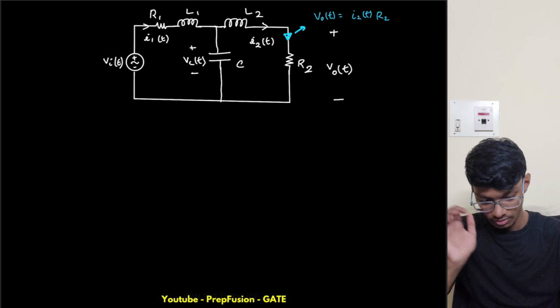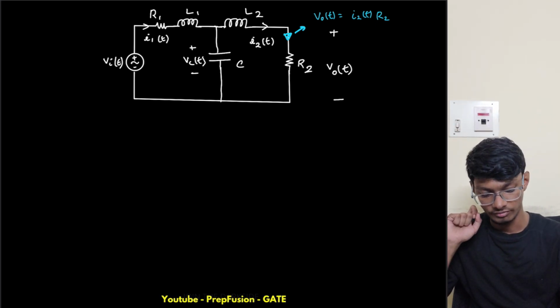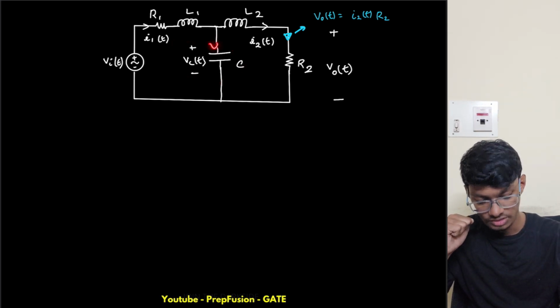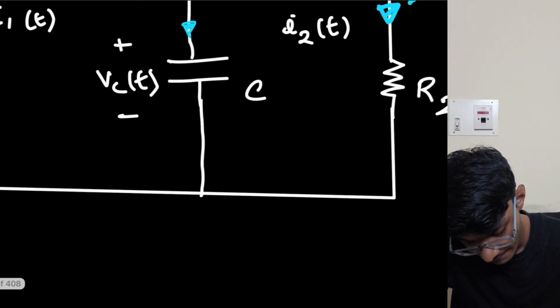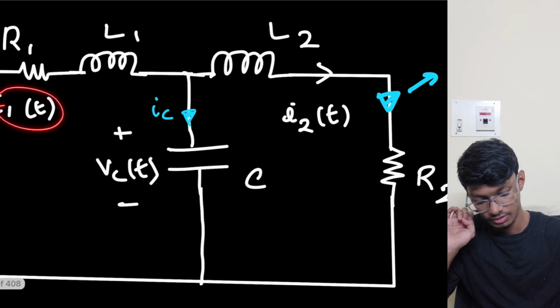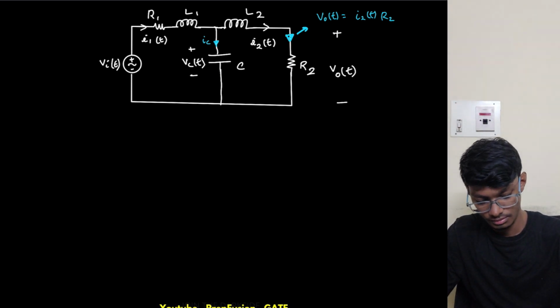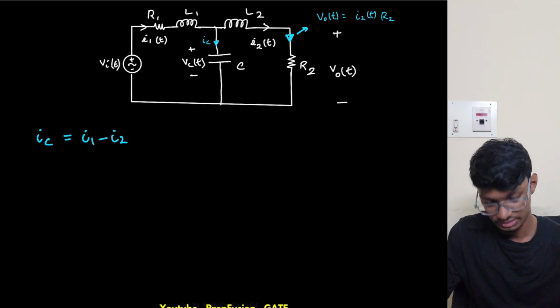Now for the capacitor, I told you in the previous lecture that we have to take care in terms of current. What is this IC equal to? IC equals I1 minus I2. Simply, this is C dVc by dt.